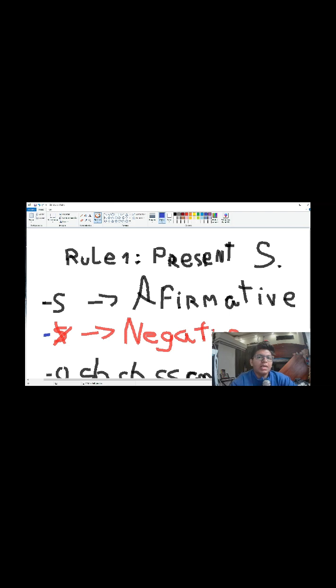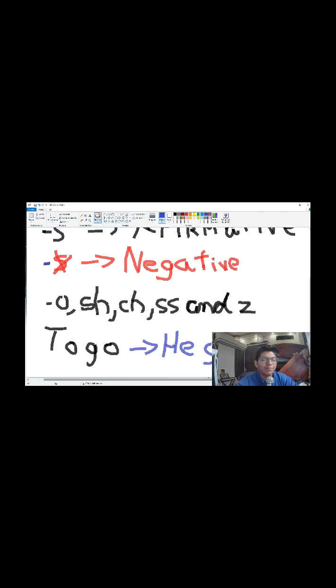But we must also remember that in a negative sentence, the letter s should not be added.